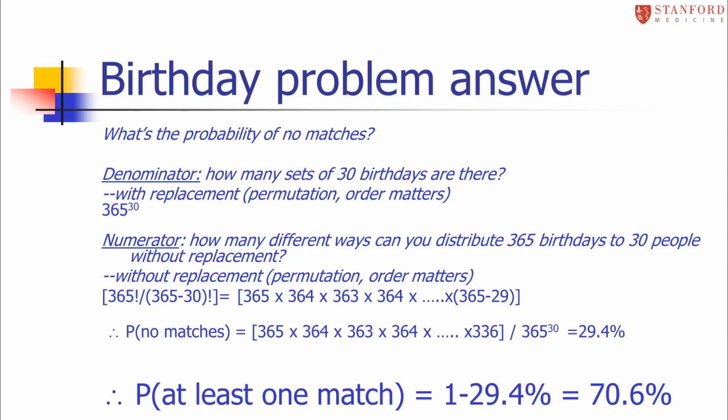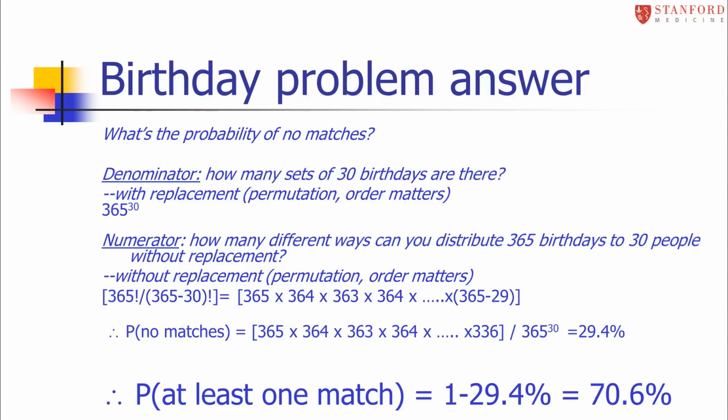Now, since we considered order in the denominator, which we had to, we also have to consider order in the numerator. That's the only reason we're considering order in the numerator, because we did so in the denominator, and those have to match. So how many different ways can you distribute 365 birthdays to 30 people? Now in the numerator, we want it to be without replacement, because without replacement would mean that no birthday could repeat.